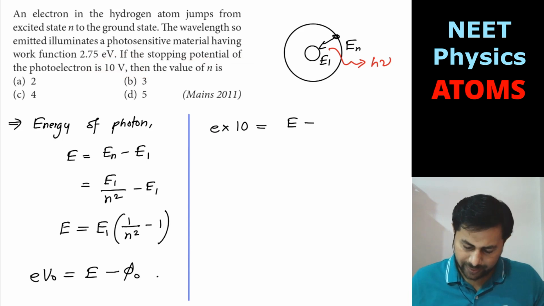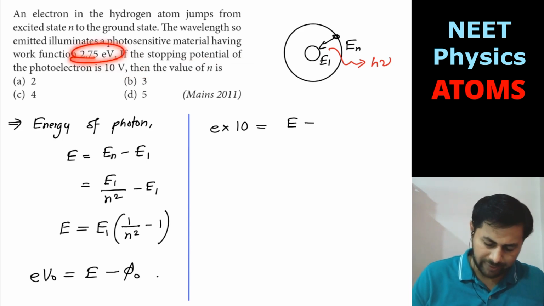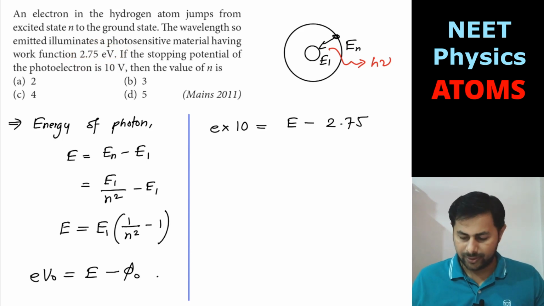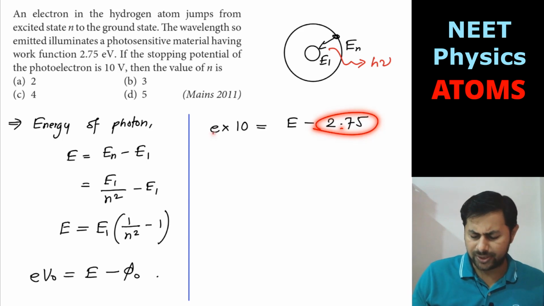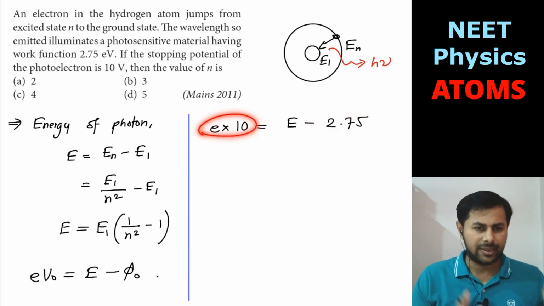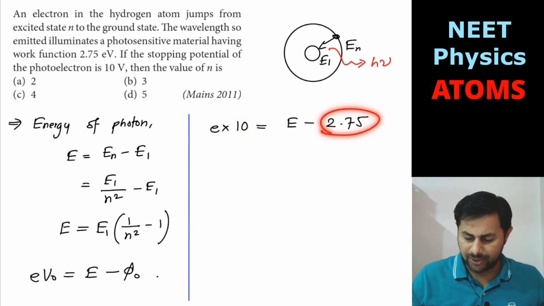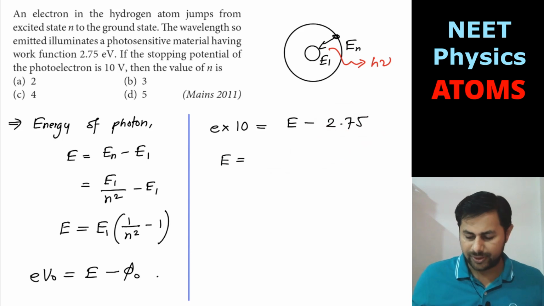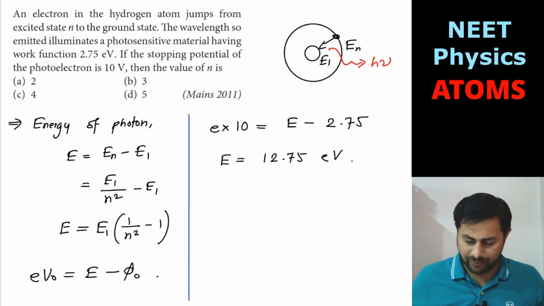What is phi naught? Phi naught is 2.75 electron volts. So this is E times 10 volts, which means the energy is 10 electron volts. So take this 2.75 on this side, and you get E equals 10 plus 2.75, which is 12.75 electron volts, and that is equal to what?